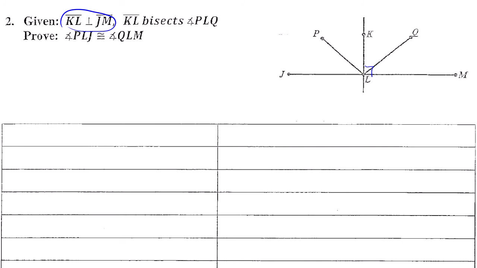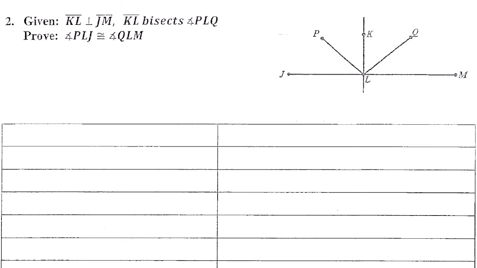And when you see bisects, that means you're usually going to say, okay, well, the definition of bisector says that these angles are congruent, and so forth, right? Now, I just did this proof, and it took me 10 steps.